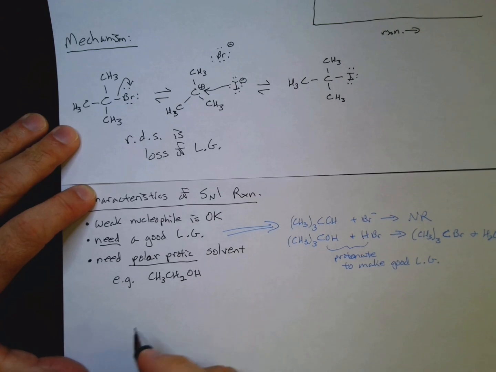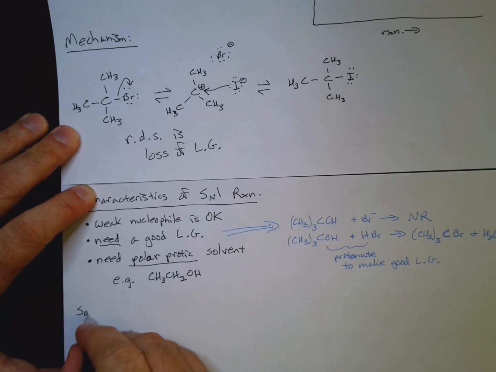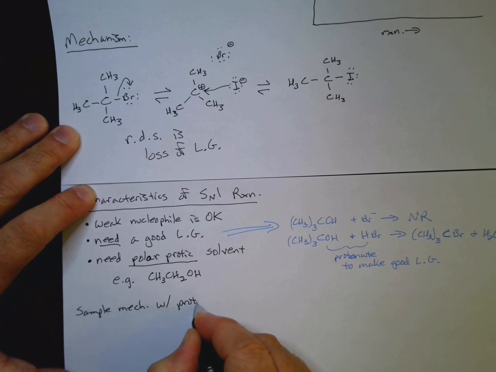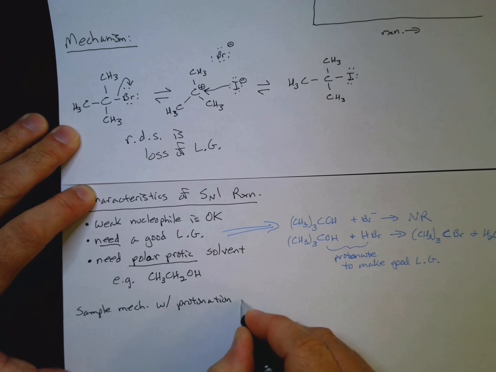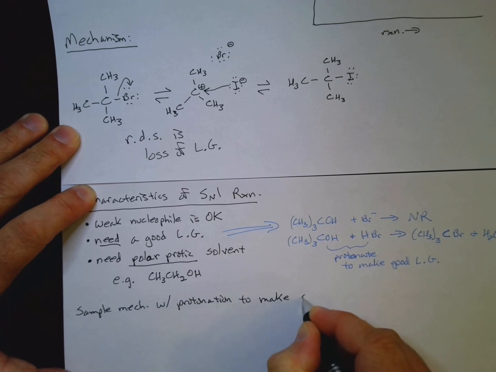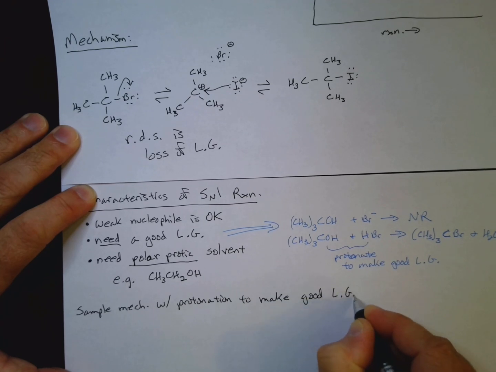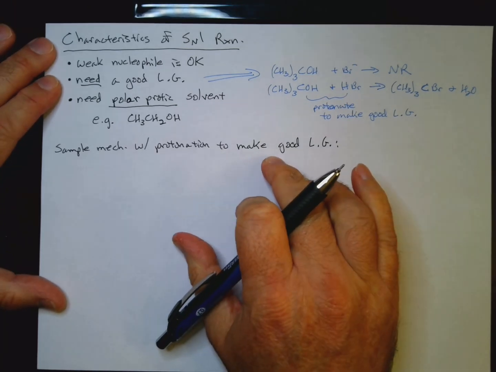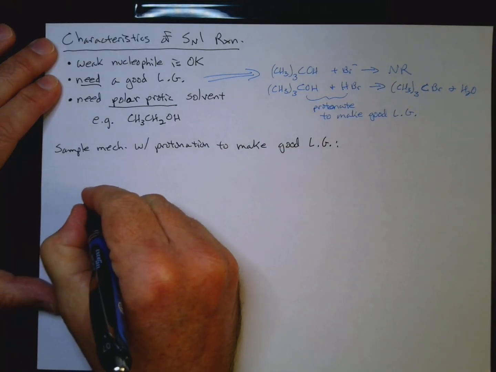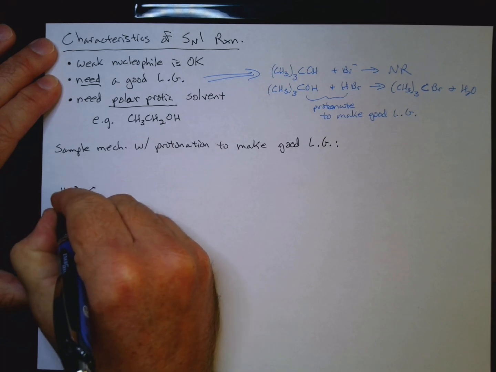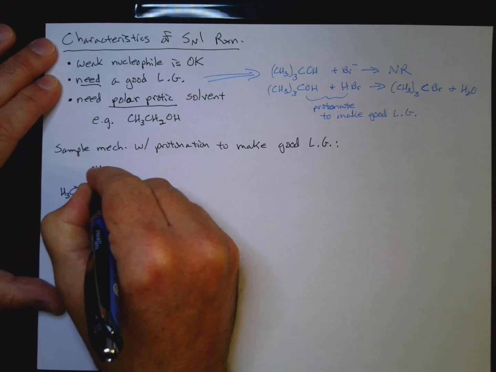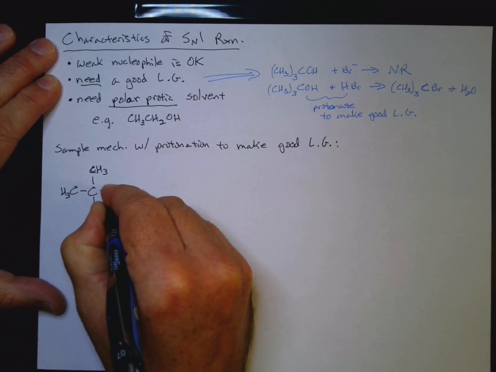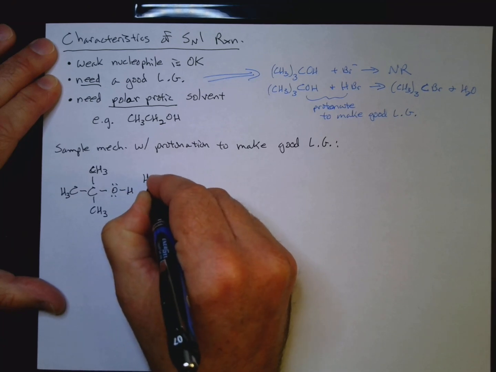Let me show a sample mechanism here of a protonation to make a good leaving group. So we'll take this example. I'll go ahead and have carbon, CH3, CH3, CH3, OH, lone pair, and then I'll have my HBr.